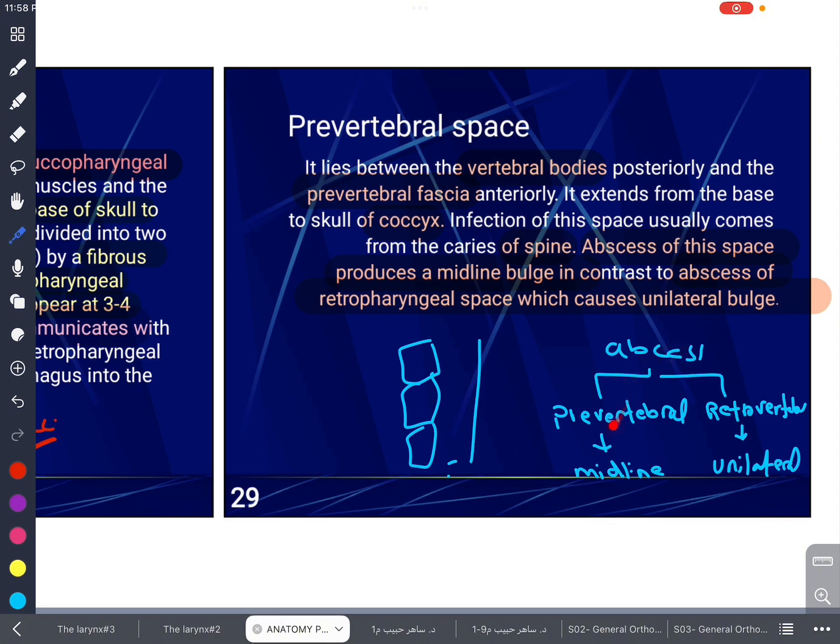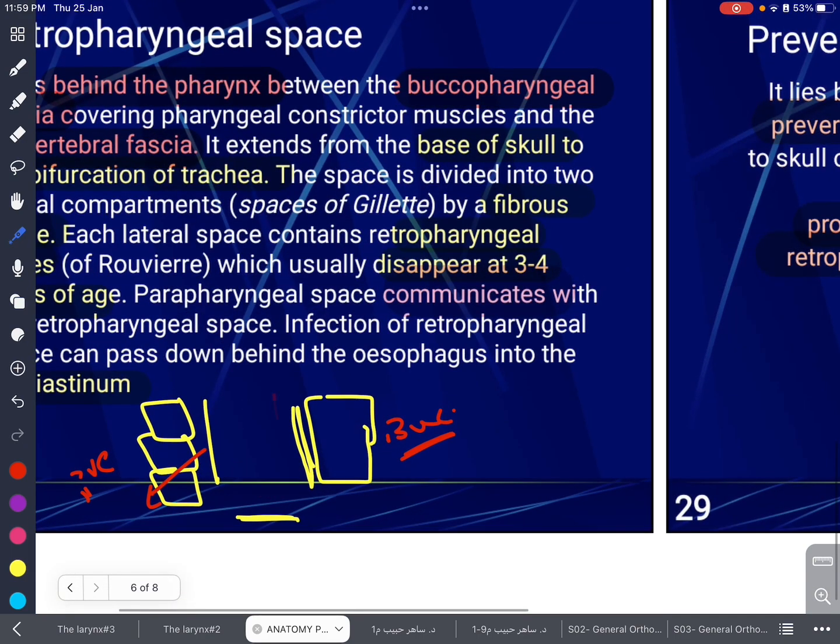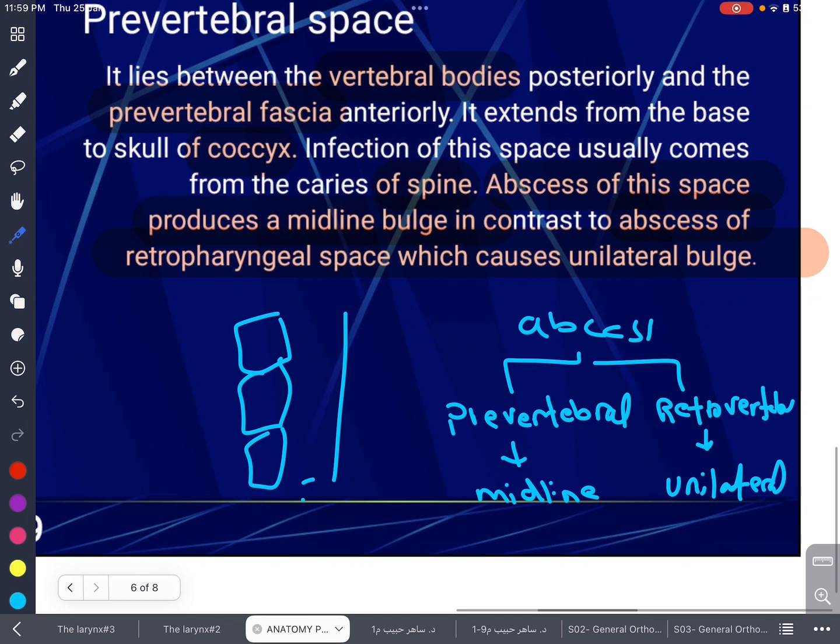The abscess in the prevertebral space will appear in the midline, while an abscess in the retropharyngeal space occurs unilaterally, not in the midline. This point is clinically important to differentiate the location of the abscess.